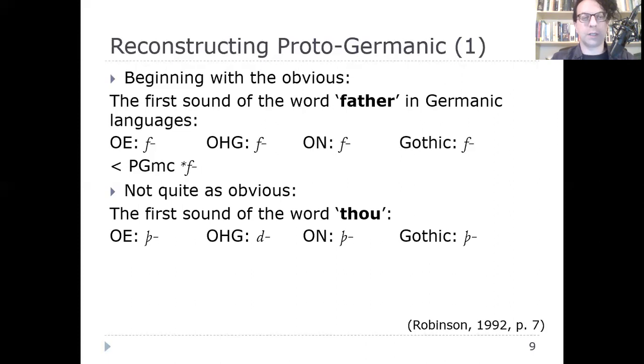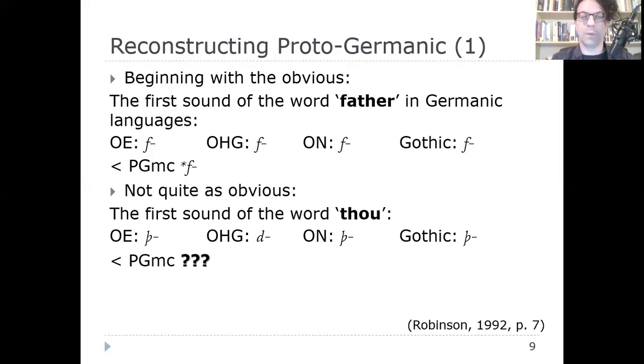In Old English, it also begins with the TH sound so that's what the thorn letter stands for. In Old High German, the corresponding word begins with a D sound. By the way, in modern German, it also begins with a D sound, right? The word would be du in modern German. In Old Norse, we have a TH sound, and in Gothic, we have a TH sound for the second person singular pronoun.